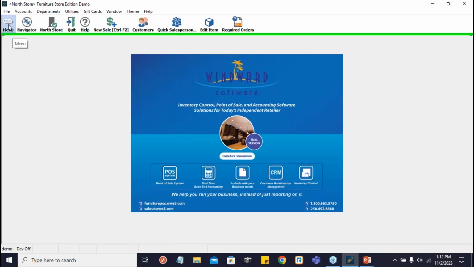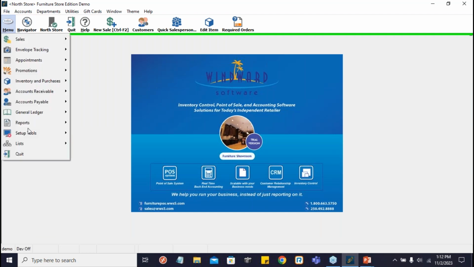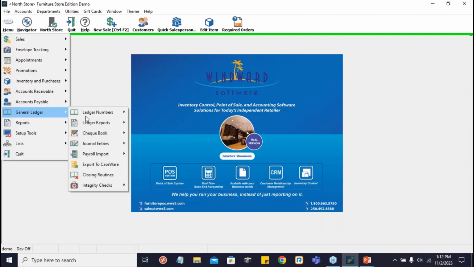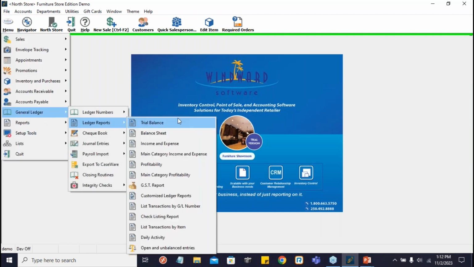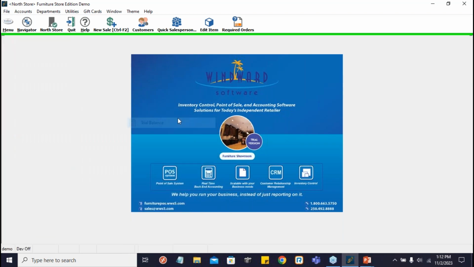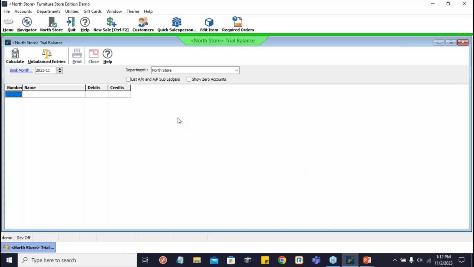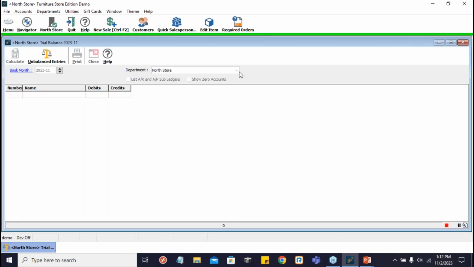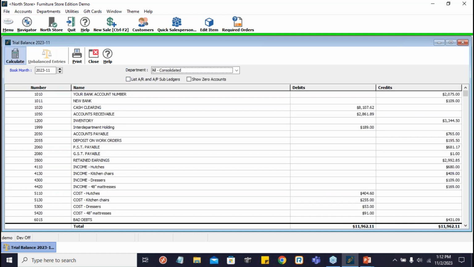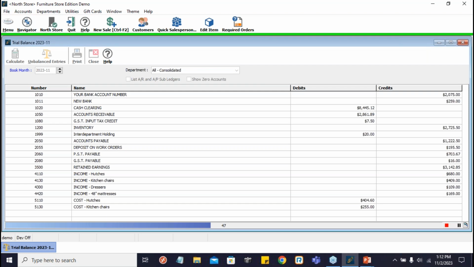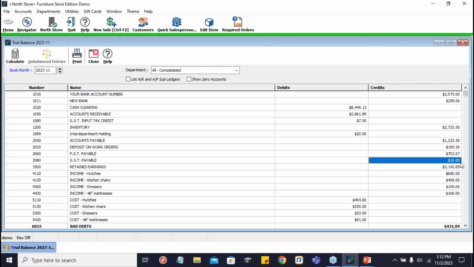I'm going to go back to the trial balance. So here's the $7.50 accumulated for the 1080 account, offset by the $16 that we collected.